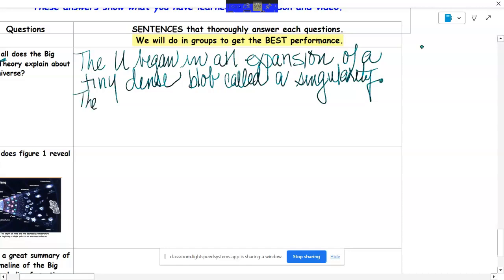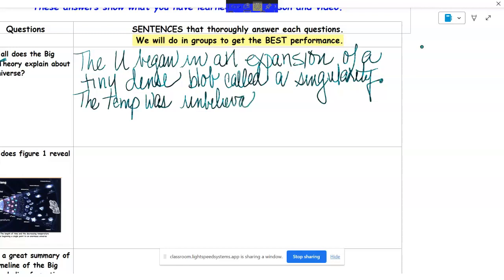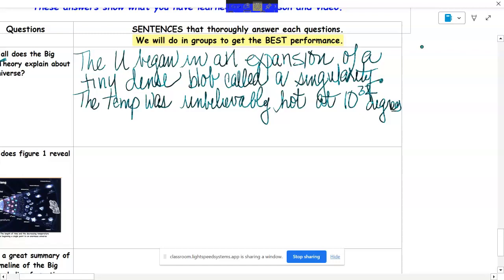The temperature was unbelievably hot. I'm just writing the facts as I remember, at 10 to the 32nd power degrees, which is far beyond anything. That is unbelievable. It's hard for us to even imagine, even possibly conceive of what this is.